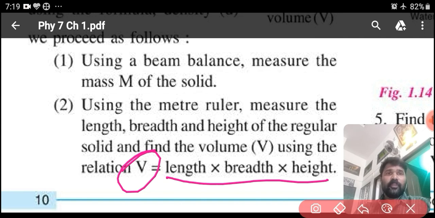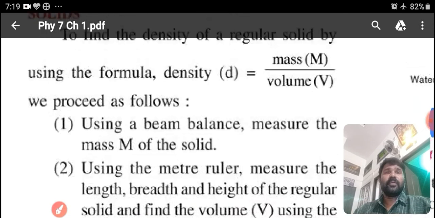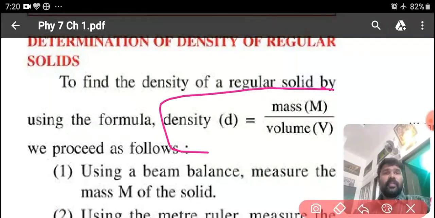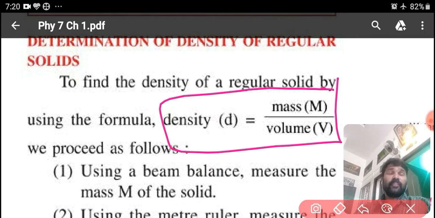So we got m by beam balance, and V by this formula. Then use the main formula D is equal to m by V, and surely we will get the density of the regular solid.